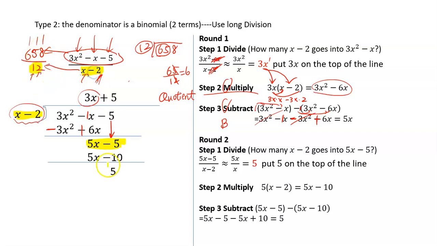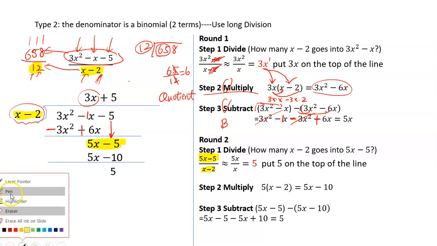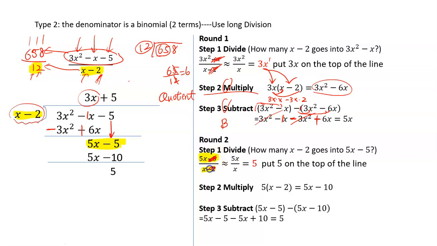So here we always divide by x minus 2. When we divide 5x minus 5 by x minus 2, again, with 2 terms by 2 terms, it's not easy to divide. So we're just going to ignore the second terms. We just divide 5x by x. That's much easier to do. 5 divided by 1 is 5, and x divided by x cancel out. So we get a 5 and put a 5 on top of the line right here.